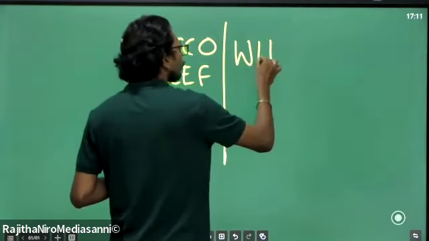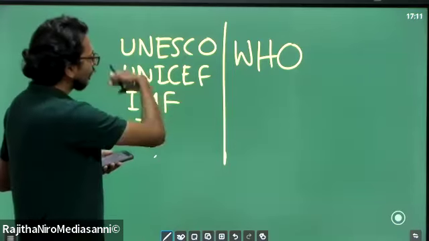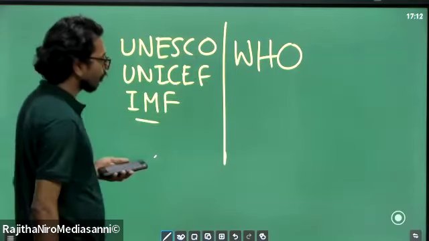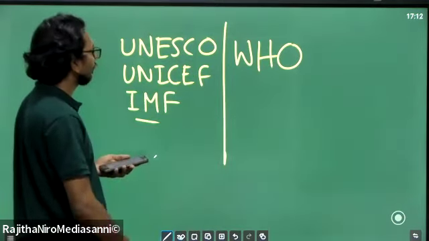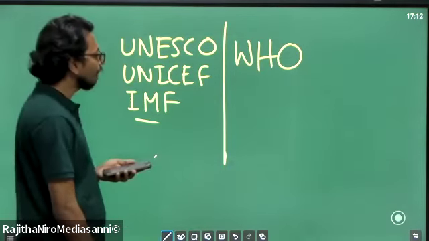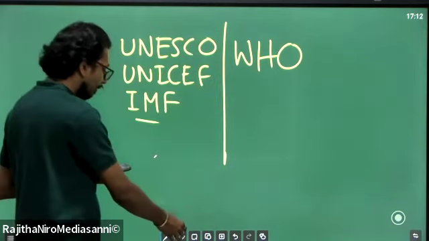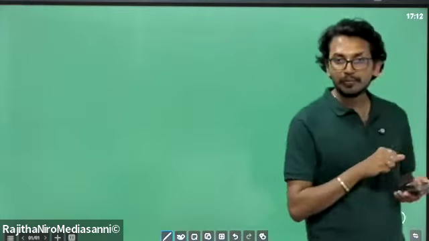WHO, that type of organization. These organizations always work with several other countries. Sometimes medical support, sometimes funding, sometimes education support, sometimes cultural support. But mainly, we can see all these organizations in the state public relation idea. You have to think about that.